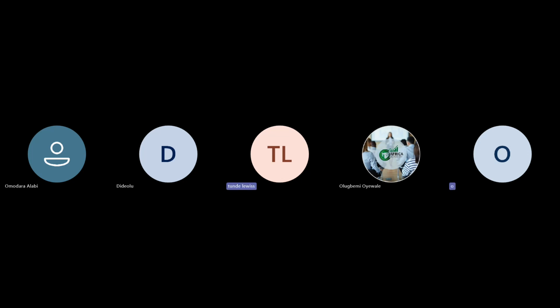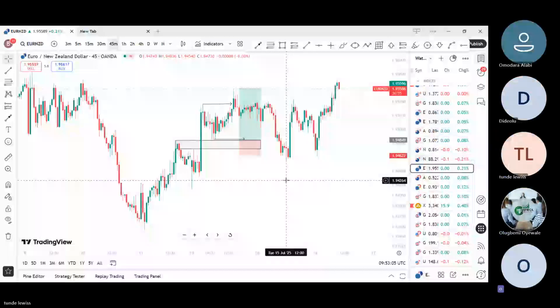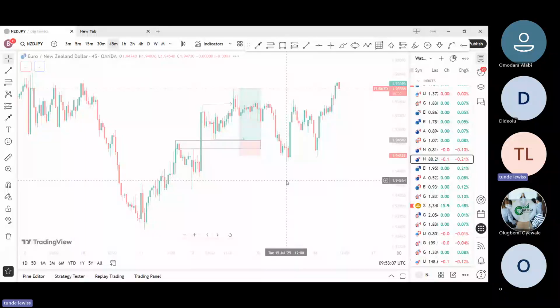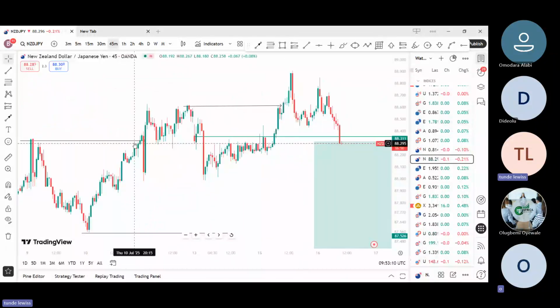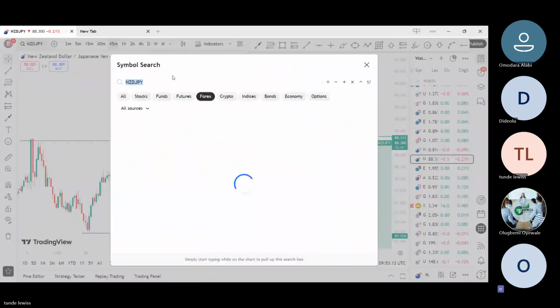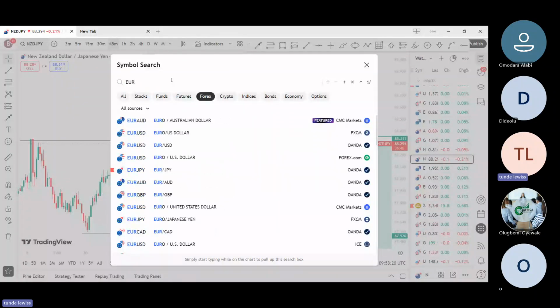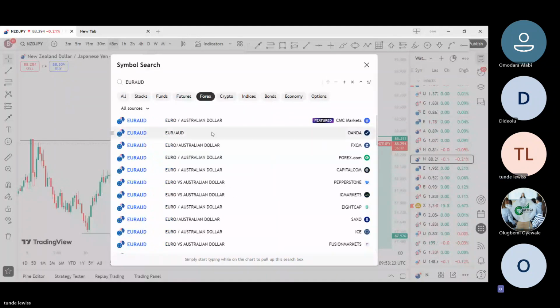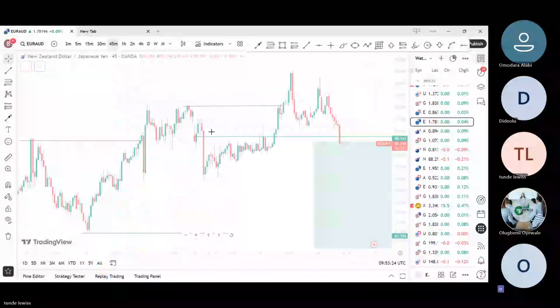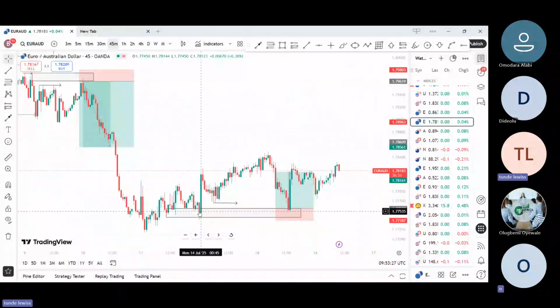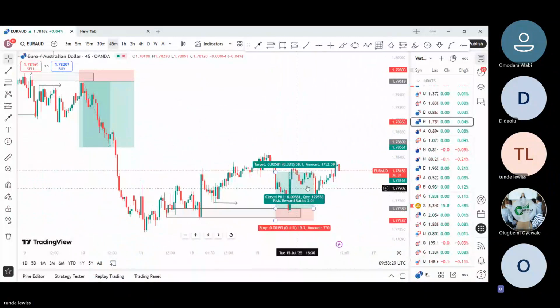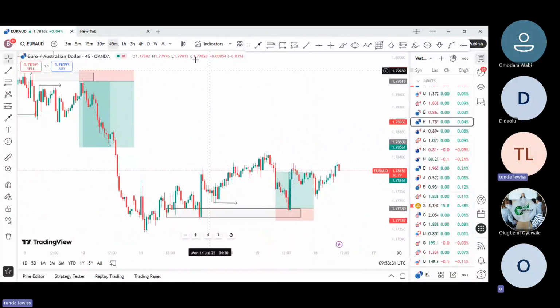All right. Can you see my screen? Yes, we can. Okay. So there was this buy I took yesterday I took advantage of. So yeah.